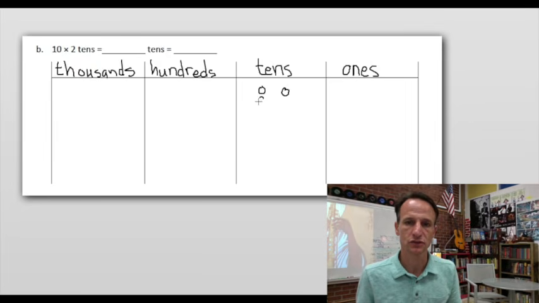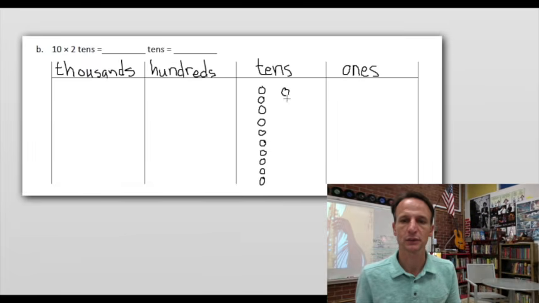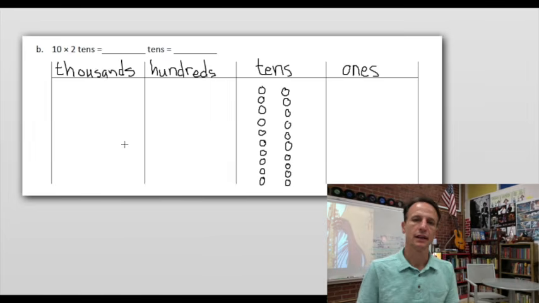Times 10 is 2, 3, 4, 5, 6, 7, 8, 9, 10. And same thing with this other one. Times 10 is 1, 2, 3, 4, 5, 6, 7, 8, 9, 10.